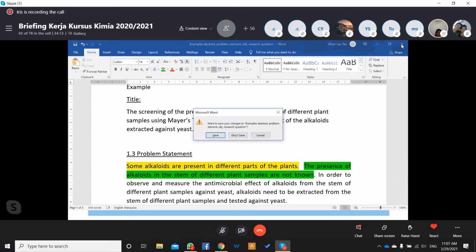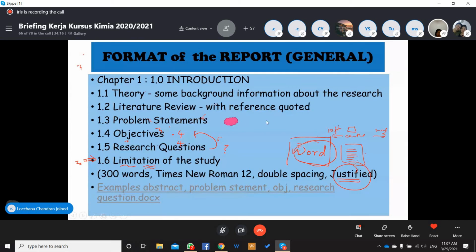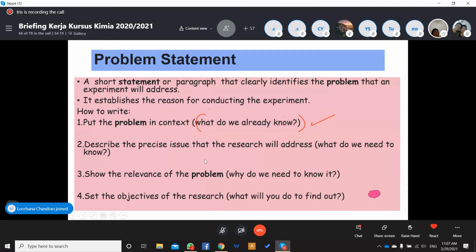So this is bahagian kedua, which is no. So I don't know lah, I don't know. Ada, tetapi saya tak tahu ada ke dalam stem atau ada yang tak ada. So it's like bothering me.